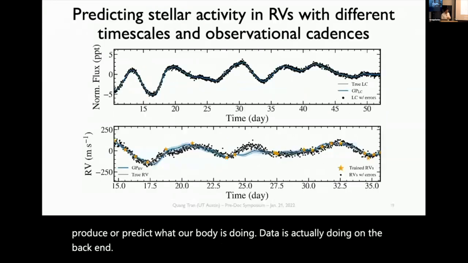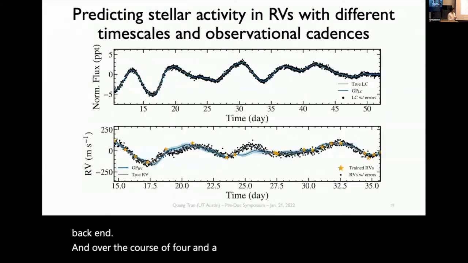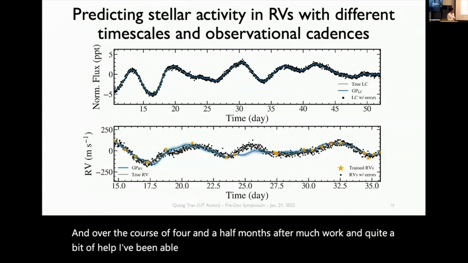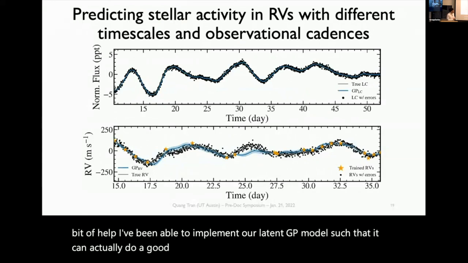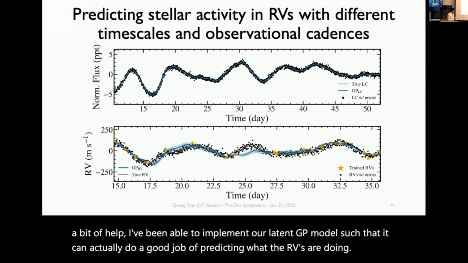Over the course of 4.5 months, after much work and quite a bit of help, I've been able to implement our latent GP model such that it can actually do a good job of predicting what the RVs are doing, even with a very sparse training set.